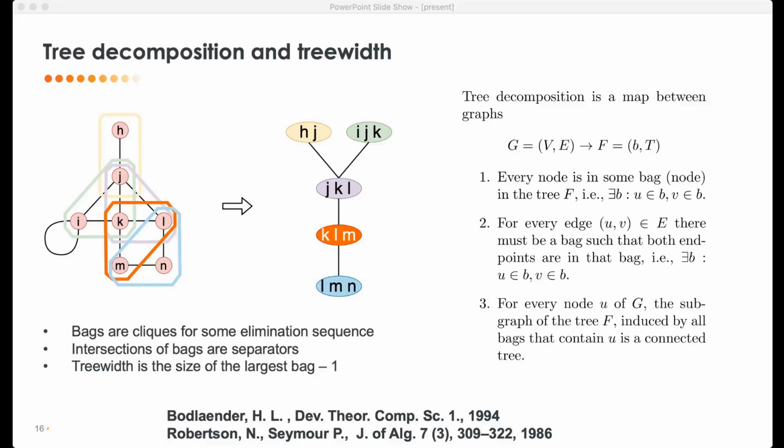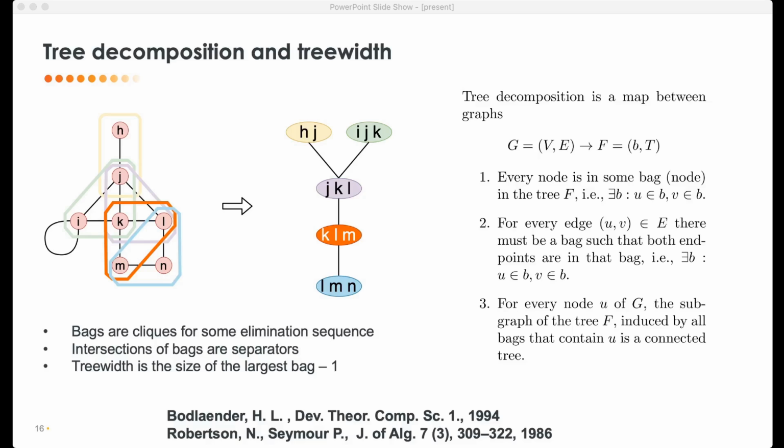A more formal definition of tree decomposition is as follows. Tree decomposition is a map between two graphs such that every vertex of the original graph G is contained in some bag, or vertex, of the tree graph F. Also, if there is an edge between two vertices in G, then there is a bag such that both of these vertices are contained in it.